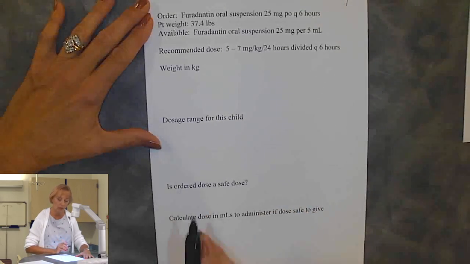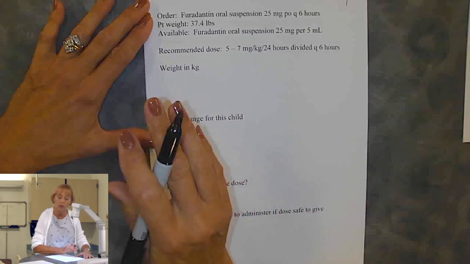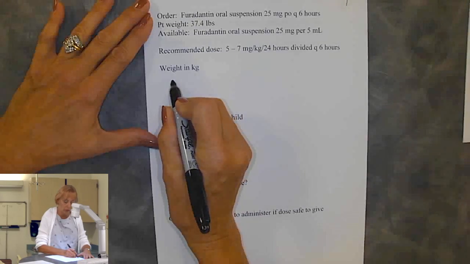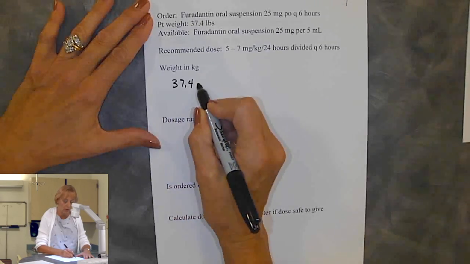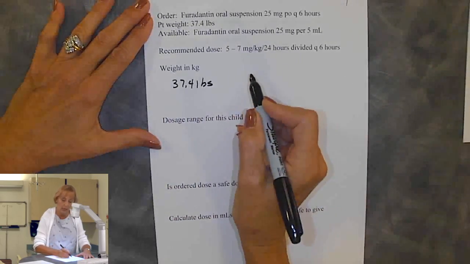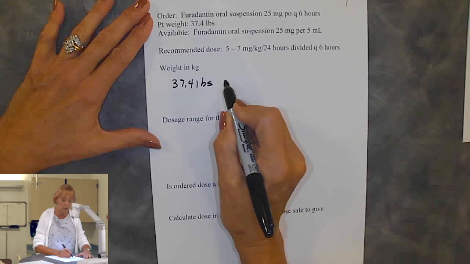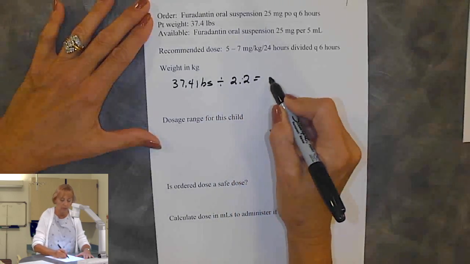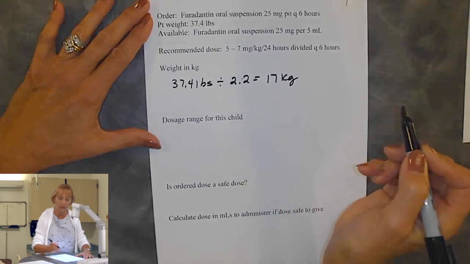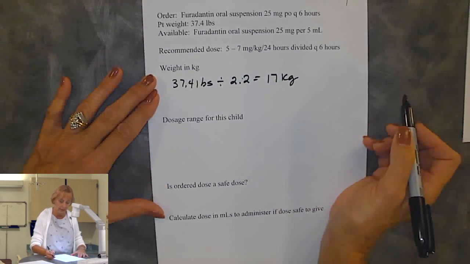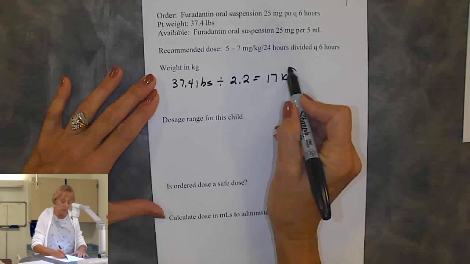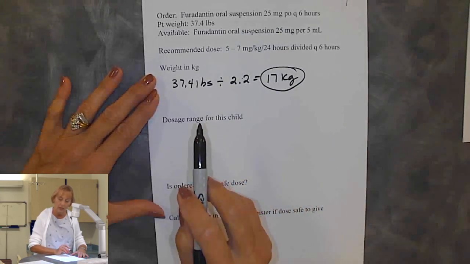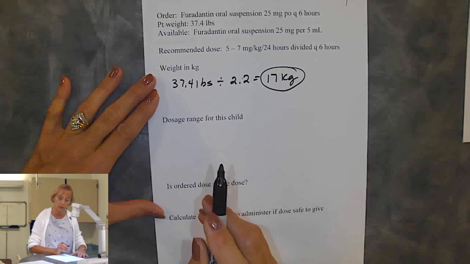So the first thing you want to do, I'm sure you all know, is to convert your weight, which is your 37.4 pounds, into kilograms. So 37.4 divided by 2.2 is equal to 17 kilos. You should have that down pat. So the next thing you want to do, so you're going to work with 17 kilos, is you want to calculate your dose range for this child.